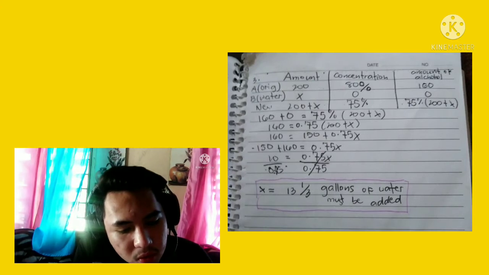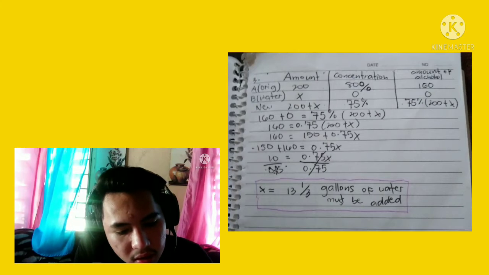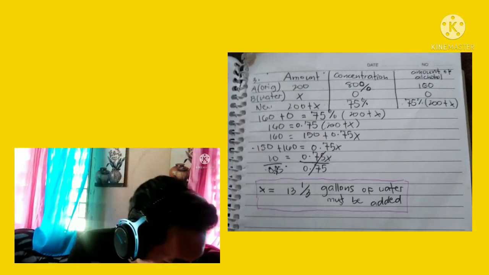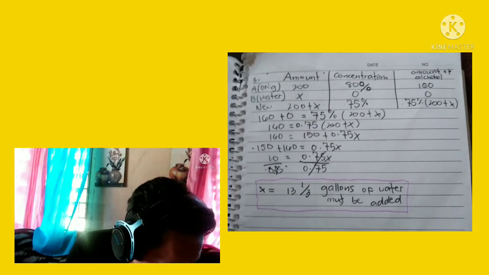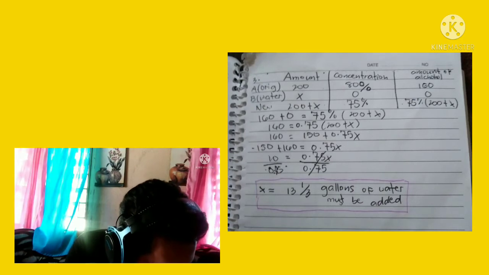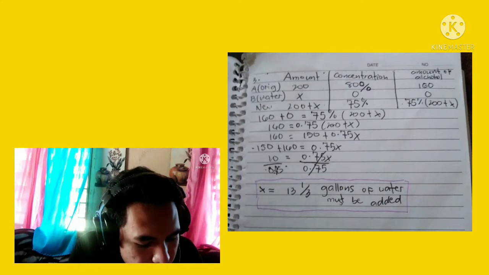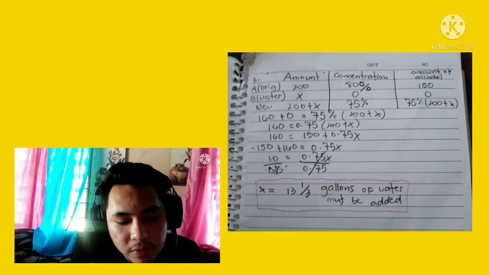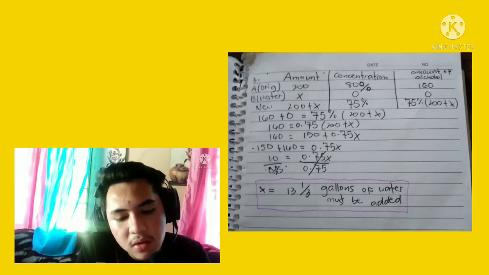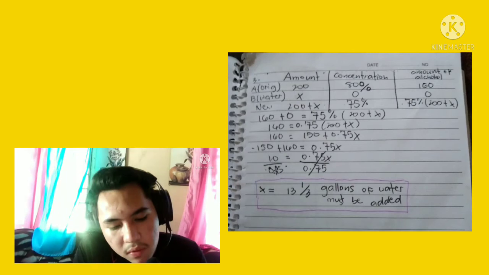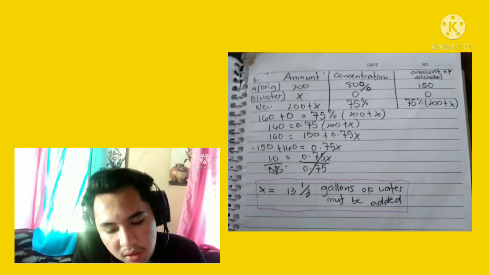So 160 equals 0.75 times 200 is equal to 150, and 0.75 times x is 0.75x. So now we can solve by combining like terms. We transpose 150, and we get negative 150 plus 160 equals 0.75x. So solving, we get 10 equals 0.75x.